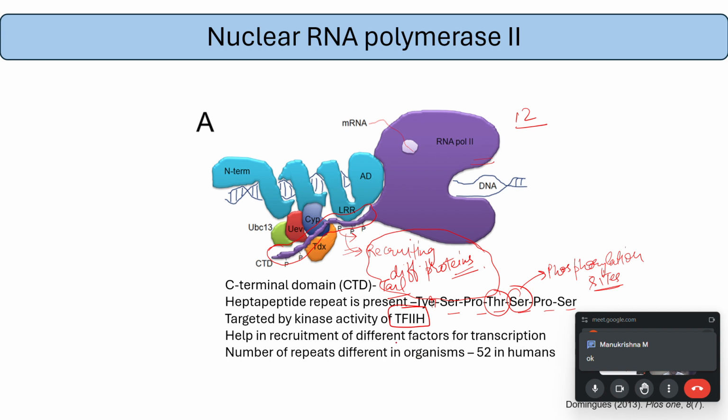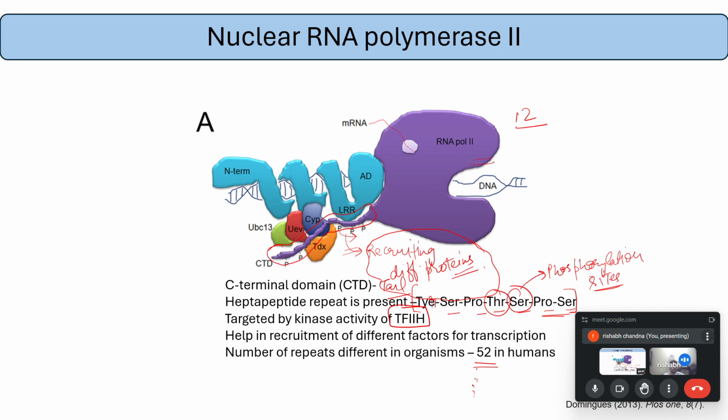And then these number of repeats, so this was the heptapeptide repeat. Different organisms, based upon their complexity, will have different numbers of repeats. For example, humans have 52 heptapeptide repeats in their carboxy terminal tail, and there are different numbers of repeats in Drosophila, different in plants, and so on and so forth.